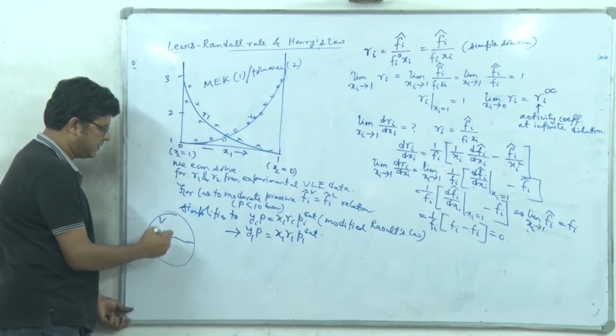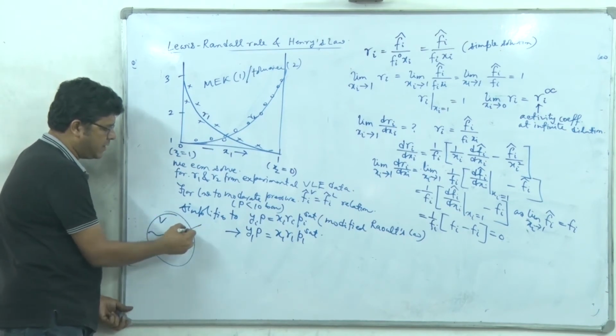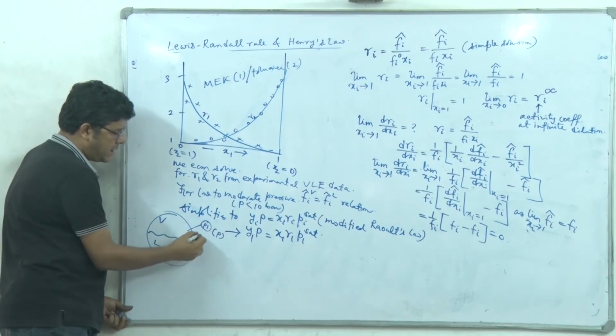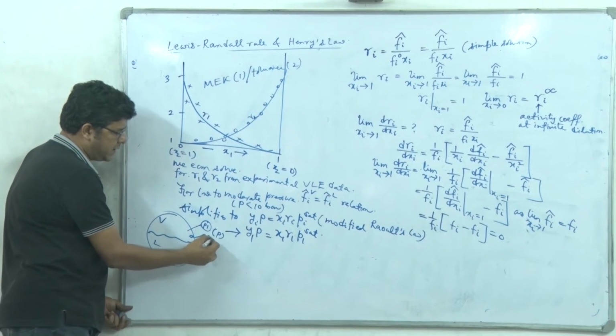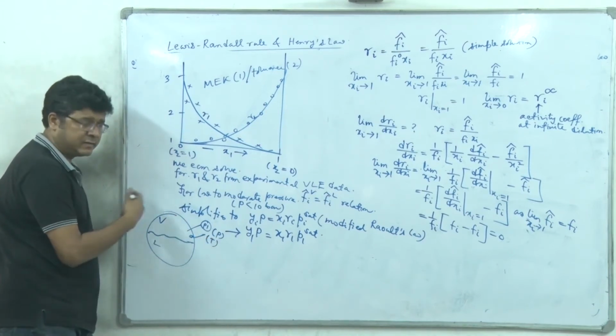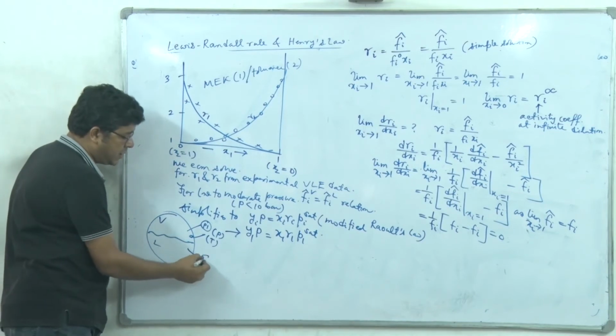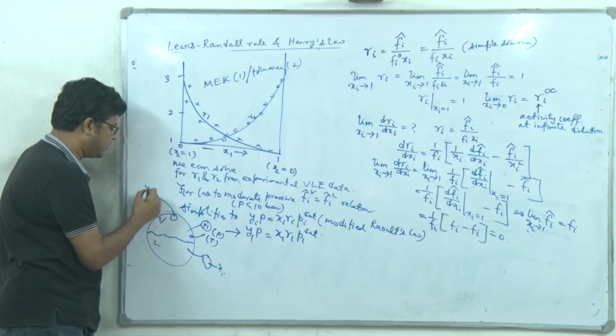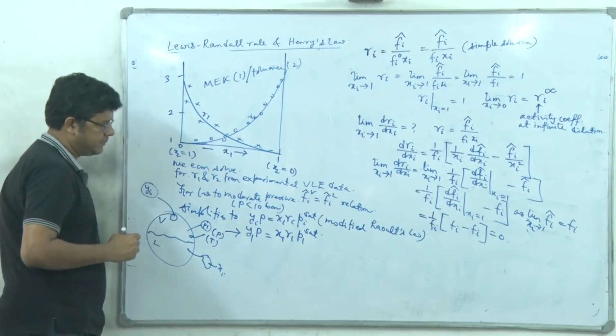This is the liquid phase, this is the vapor phase. So we can measure the pressure and we can insert a thermometer to get the temperature, right? And after the system reaches equilibrium, we can take samples and measure xi, and we can also take the vapor sample and measure yi, right?